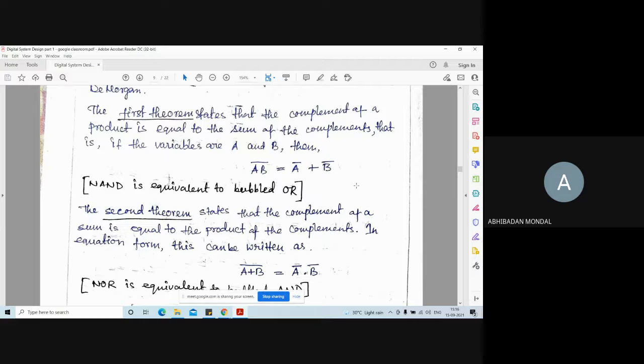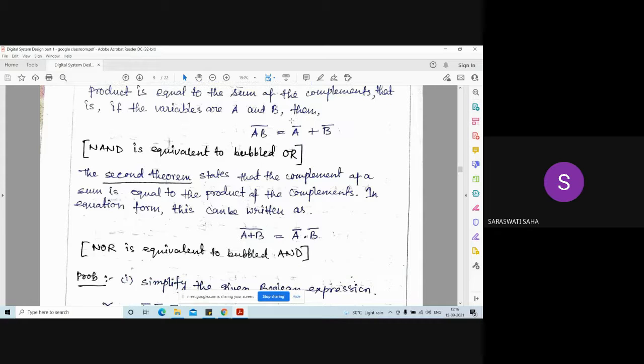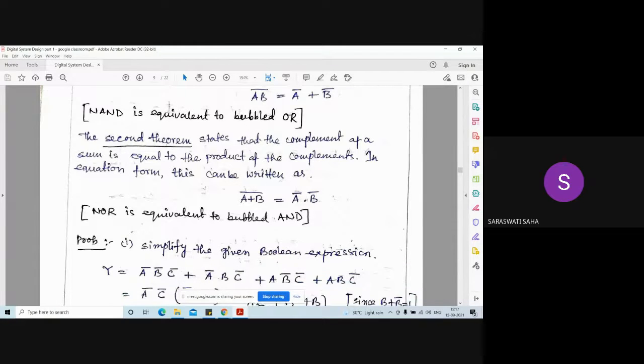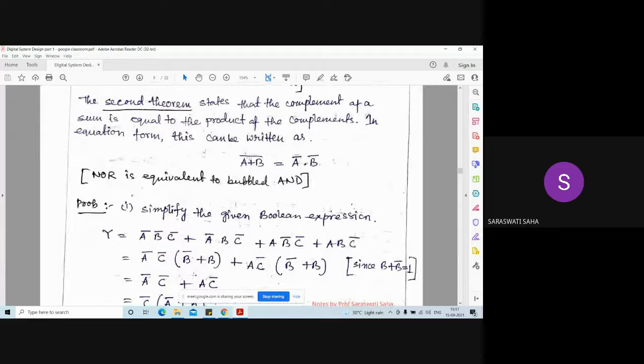Yes, ma'am. Next, you can remember NAND, which is a universal gate. Another one will be NOR. So the second theorem states that the complement of a sum, where sum means OR operation, so complement of OR means NOR.